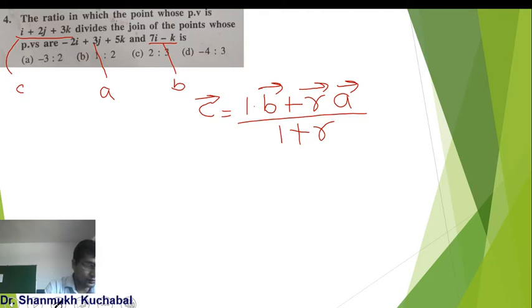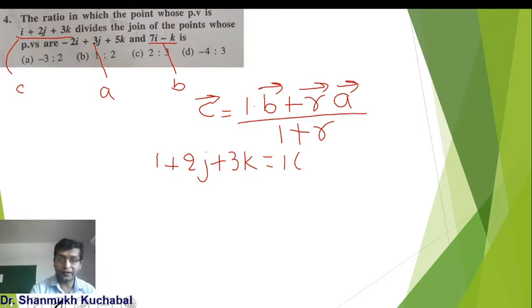Yes. So we get vector C as 1 plus 2j plus 3k.